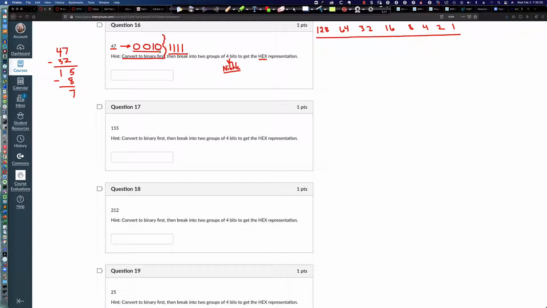Now, this is the part that kind of trips learners up because we've been working with these decimal values across the top here, right?